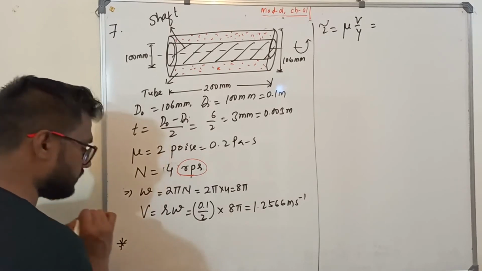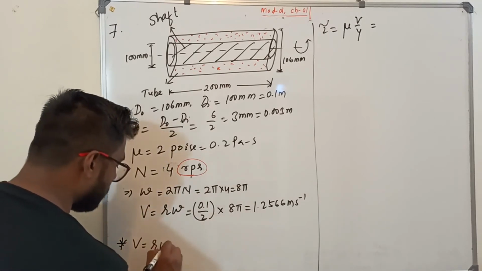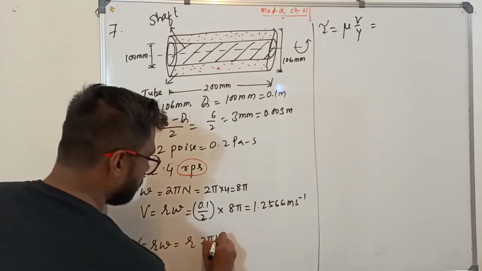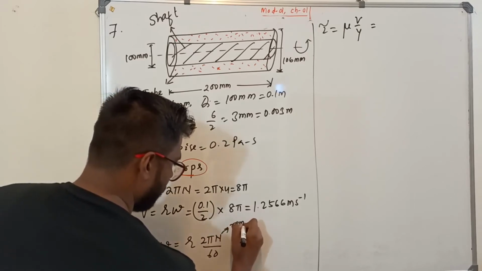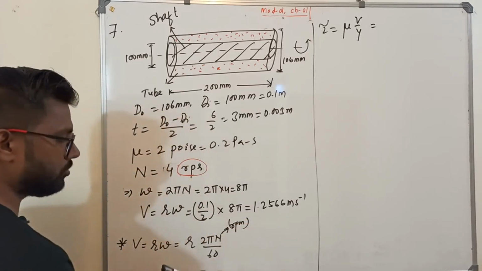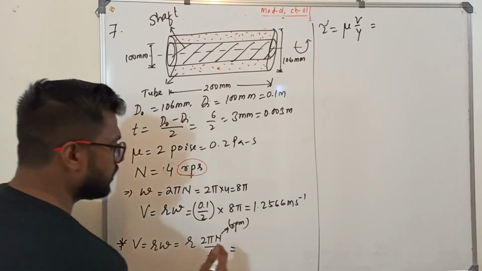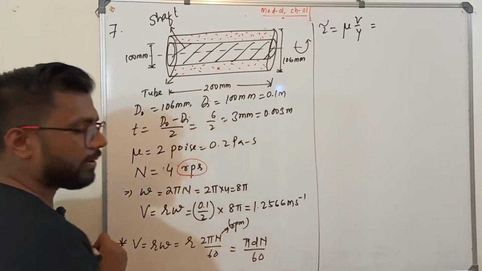Just in case you don't know, remember V is equal to r omega. Omega is 2 pi n by 60, provided n is in RPM. What is 2r? Diameter, na? So you can also write pi dn by 60.